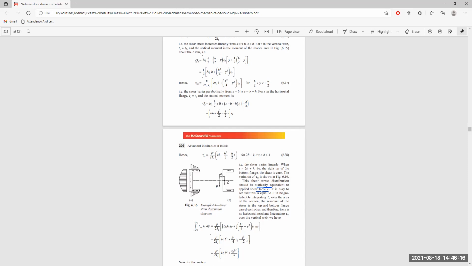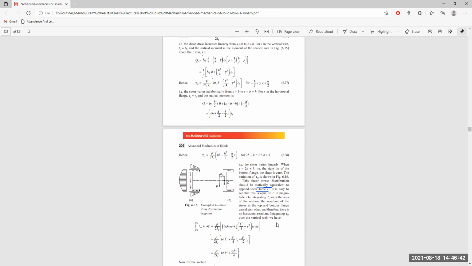This shear stress distribution should be statically equivalent to the applied shear force F. To see that this is equal to F in magnitude, we integrate tau over the area of the section. The resultants of the stress in the top and bottom flanges cancel each other, and therefore there is no horizontal resultant.